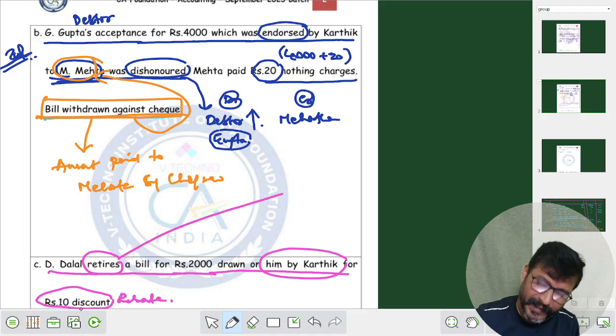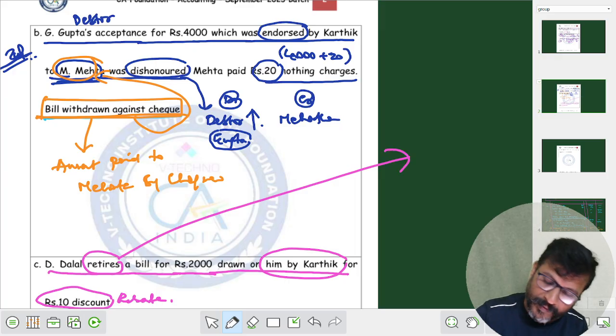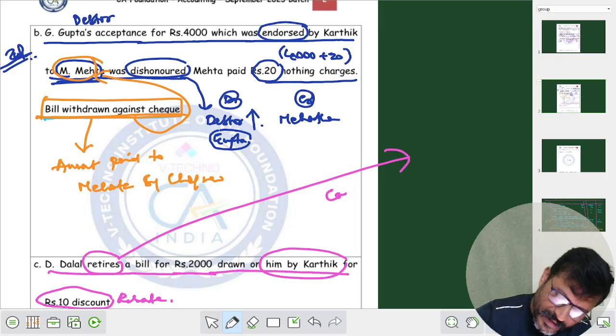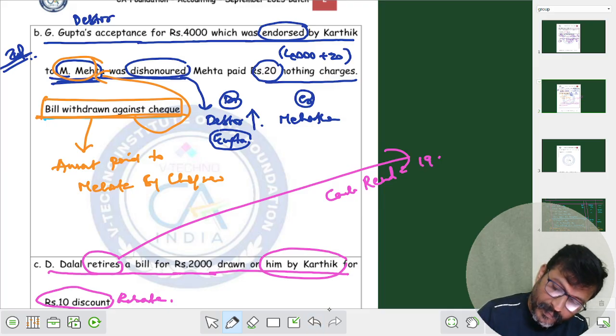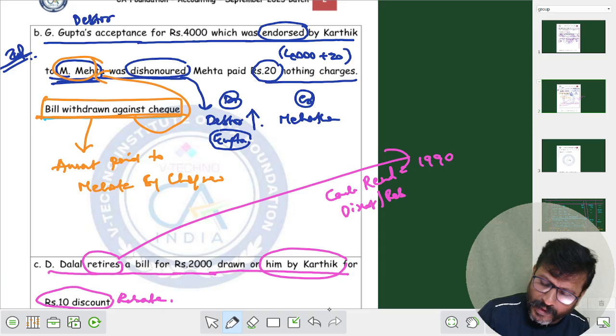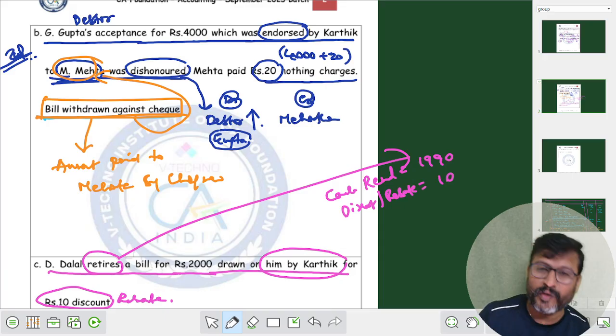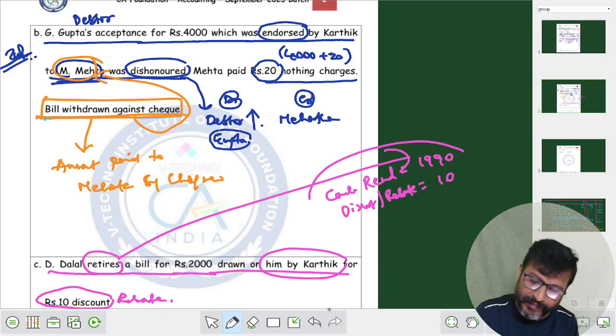What do you mean by this retirement of a bill? Retirement of a bill means cash received. How much? 1,990. Discount or rebate is how much? 10 rupees. This is received for what?